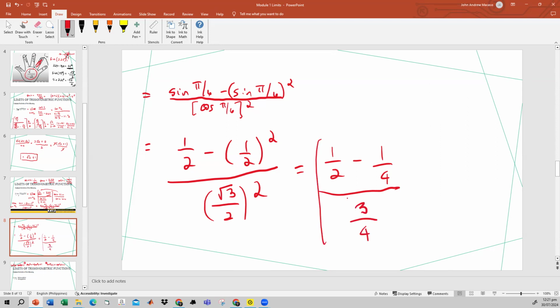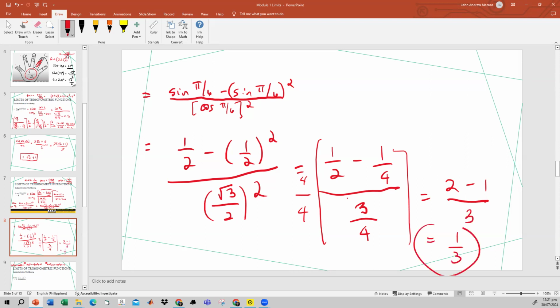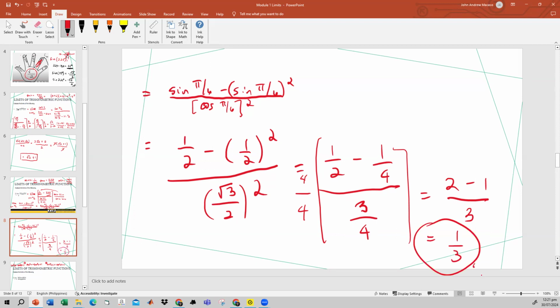Then again, you can take the LCD, that's 4, then multiply, that's 4 times 1/2, so that's 2. 4 times negative 1/4, that's negative 1, over 4 times 3/4, that's equal to, of course, 3. So this will lead now to 1/3. So it means that the value of this is simply 1 over 3.